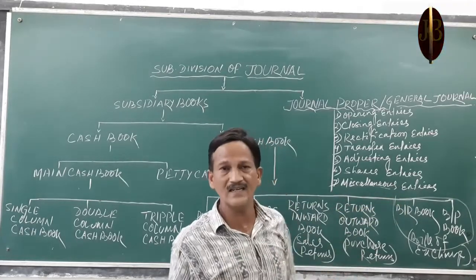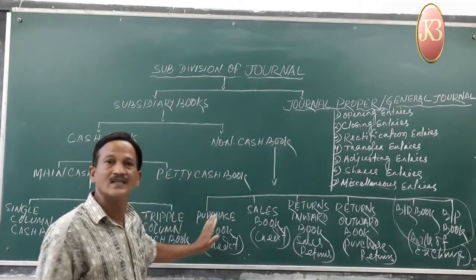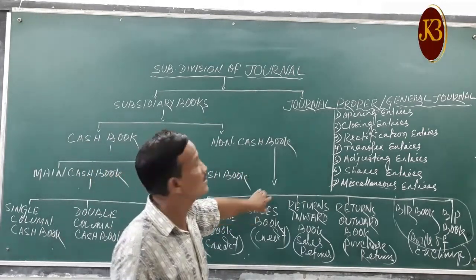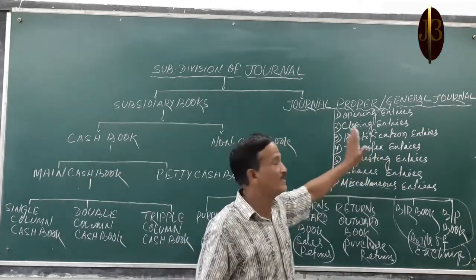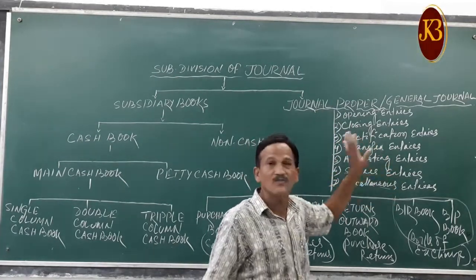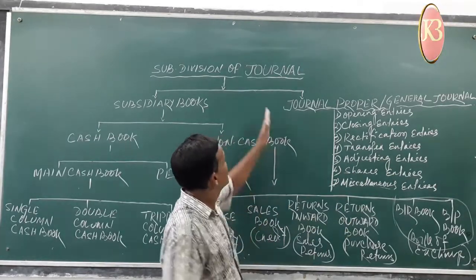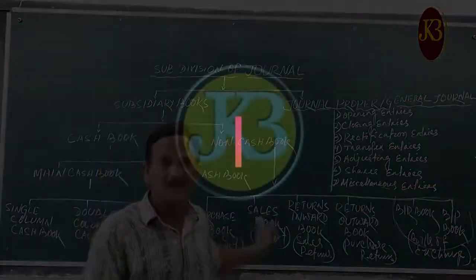Any other entries which are not recorded in the cash book and subsidiary books are recorded in the general journal or the journal proper format. So this is about the subdivision of journals.